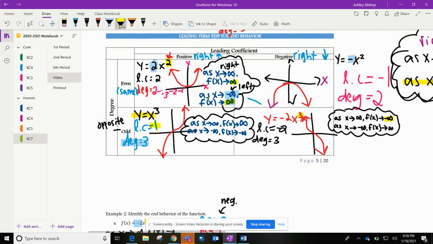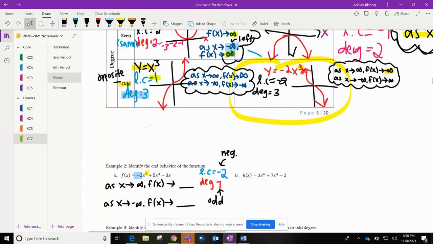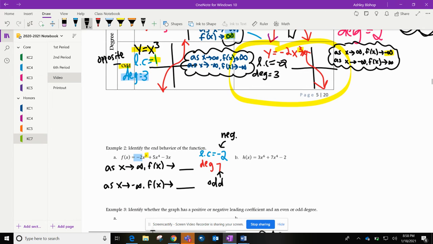A negative but odd degree, when those two meet, will take me to here. Negative means my right side of my graph goes down. So if I were to draw a rough sketch, my right side of my graph would go down. And odd means they do opposite things, so that means my left side's going to go up.